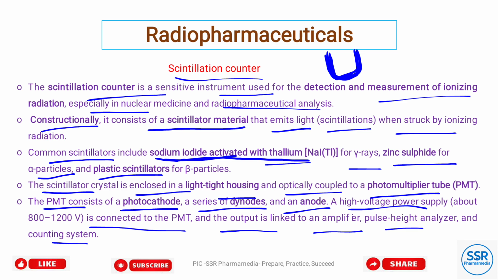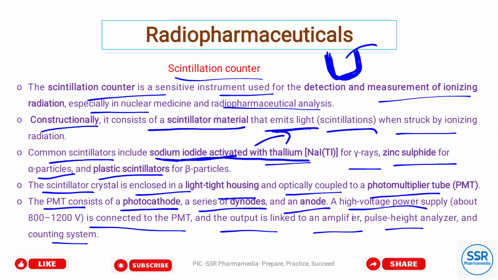It produces light, and that flash of light is called scintillation. These materials emit light, and that emitted light is called scintillation.